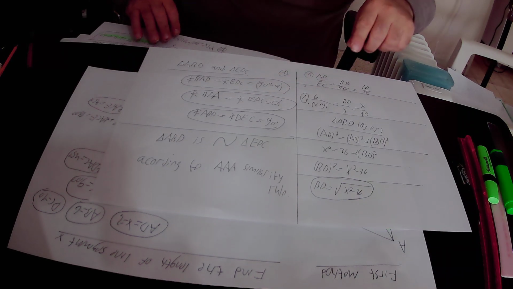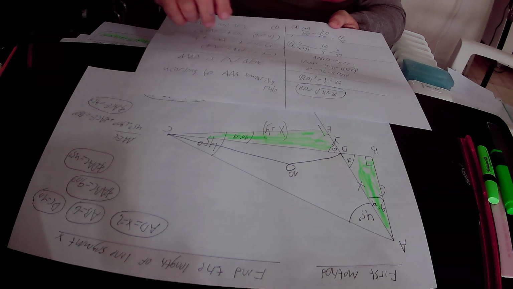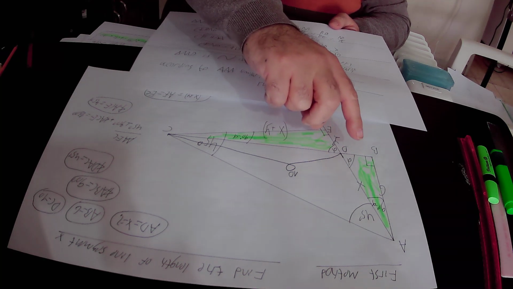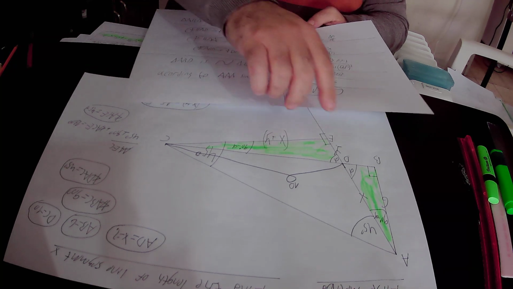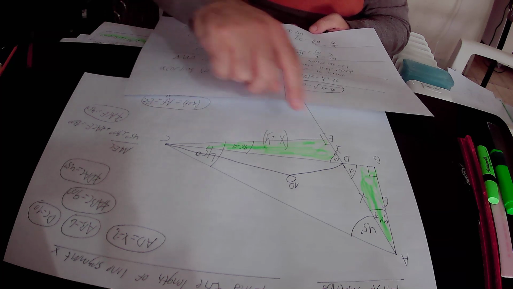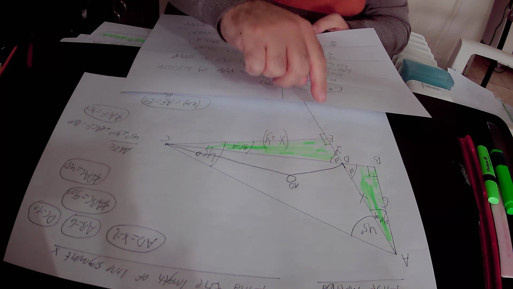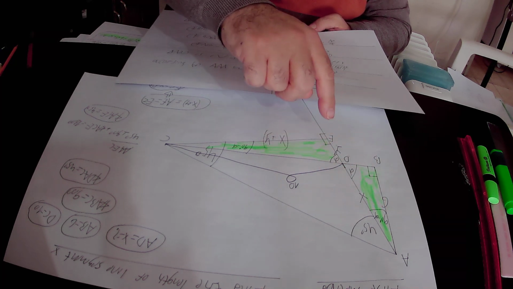Okay, and from the fact that those two right green triangles are similar to each other, we conclude that AB over EC equals BD over DE equals AD over DC.